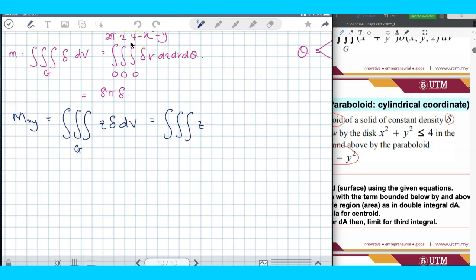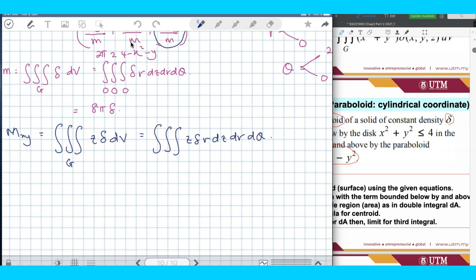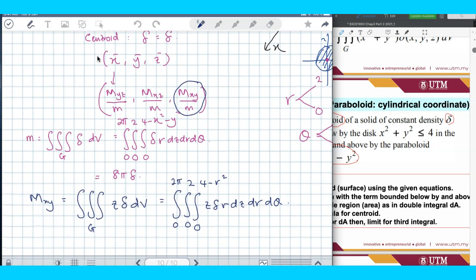So now you have z delta r dz dr d theta. Based on the mass that we have, we use the same limits: 0 to 2 pi, 0 to 2, 0 to 4 minus r squared. I'm sorry about this one.